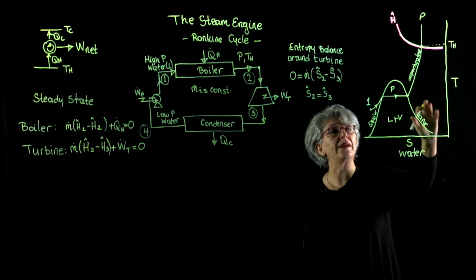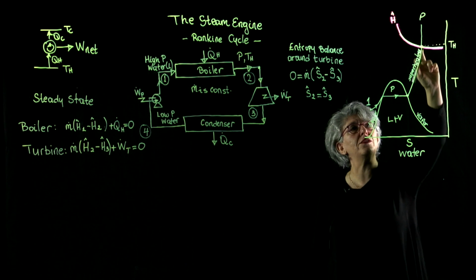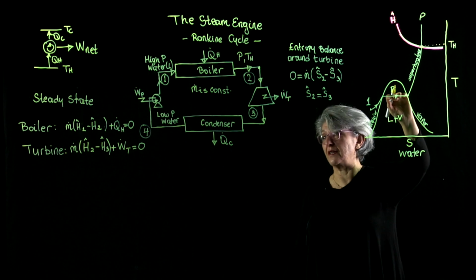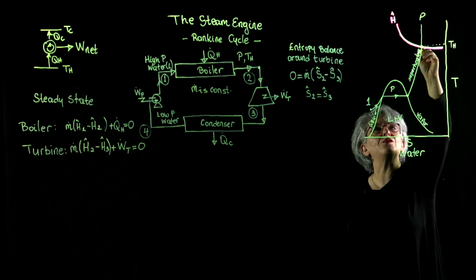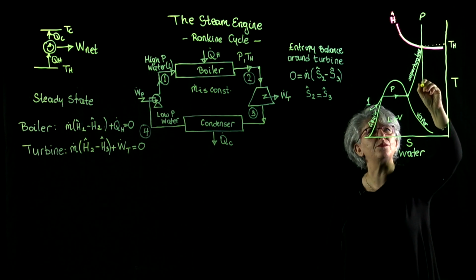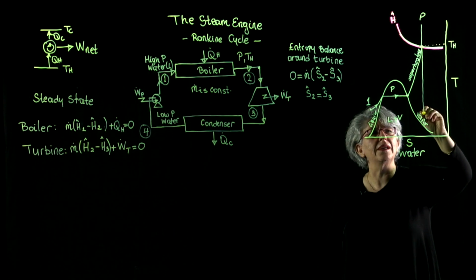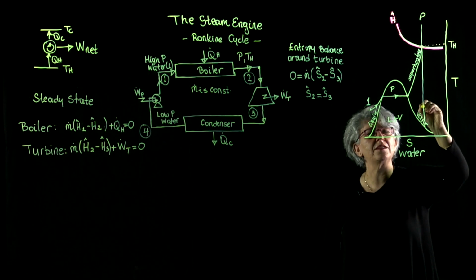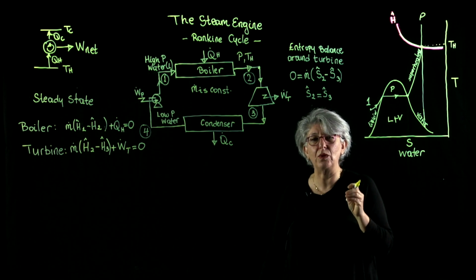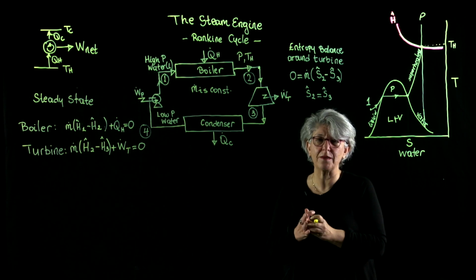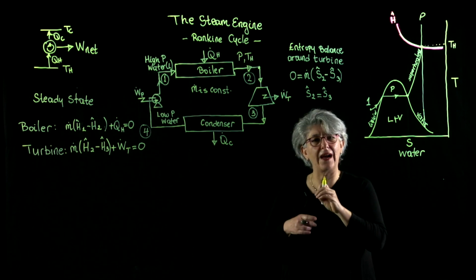So for the turbine, this line going all the way up belonged to the boiler for a constant pressure operation. Now I'm going to have a vertical line representing my turbine, which is operating at constant entropy, right? I will go as low in pressure as possible, but I will not go way below the atmospheric pressure. It is going to create other problems.